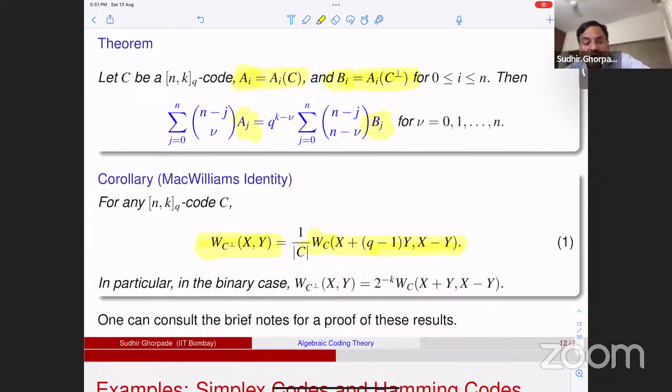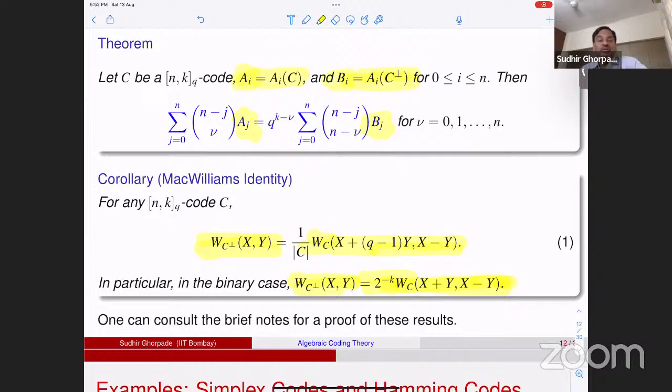In particular, if q is equal to 2, then W of C perp (x,y) is 2 to the minus k times W_C(x plus y, x minus y), since the q minus 1 just becomes 1.